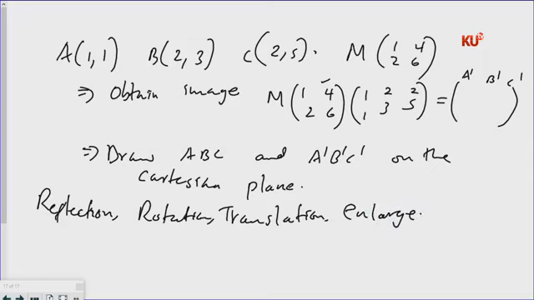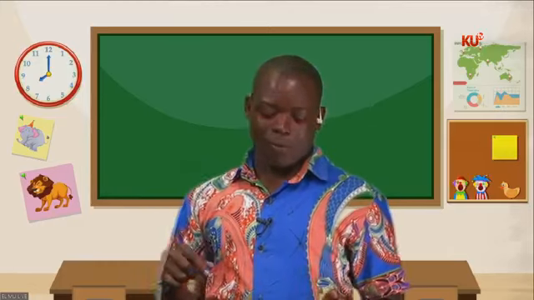If it is not an enlargement, then it will be a shear matrix. And lastly, it can be a stretch matrix. So those are the areas that you look at when you draw the triangles on the Cartesian plane. That is briefly what we've seen.